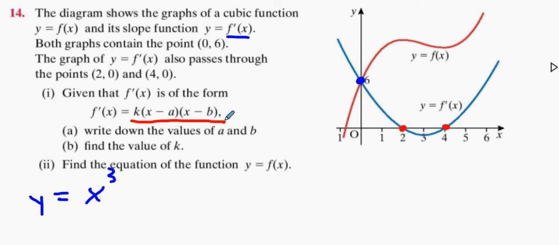Alright, straight away I know what to do. We're talking about the derivative function. We're talking about the blue function. We're not talking anything to do with the red function at the moment. What I can guarantee about the blue function is it has roots x equals 2 and x equals 4.